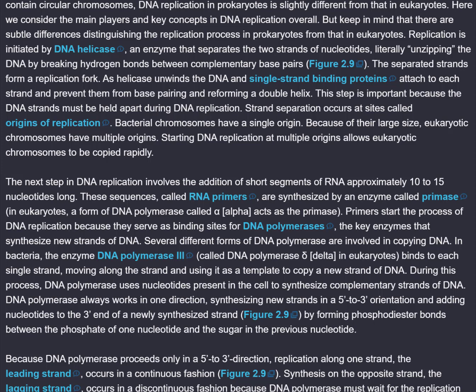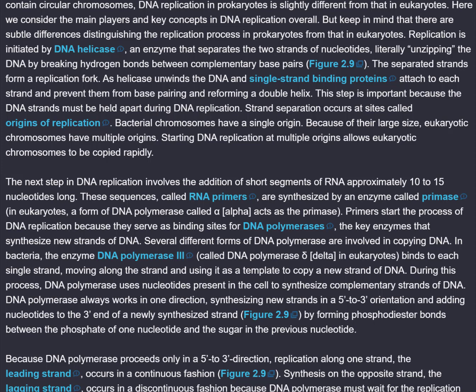Here we consider the main players and key concepts in DNA replication overall. But keep in mind that there are subtle differences distinguishing the replication process in prokaryotes from that in eukaryotes. Replication is initiated by DNA helicase, an enzyme that separates the two strands of nucleotides, literally unzipping the DNA by breaking hydrogen bonds between complementary base pairs, figure 2.9.